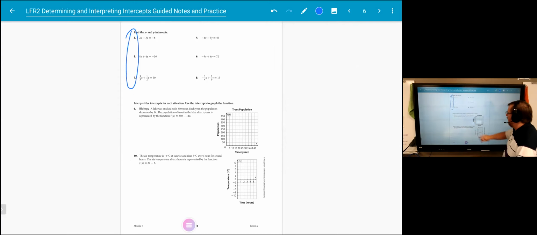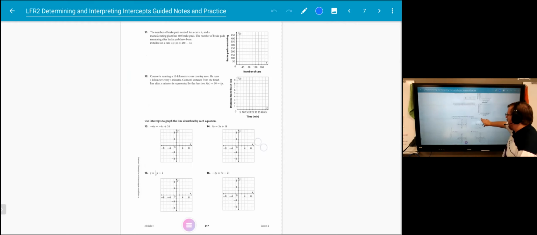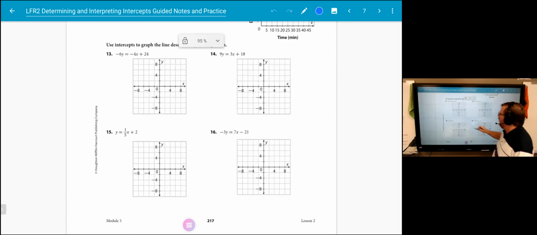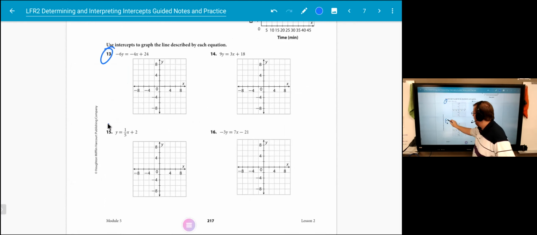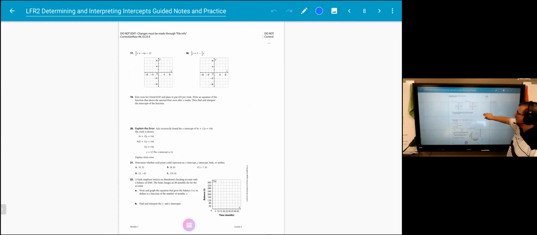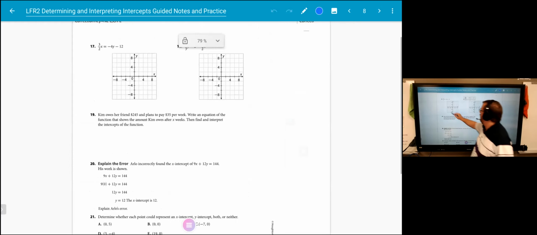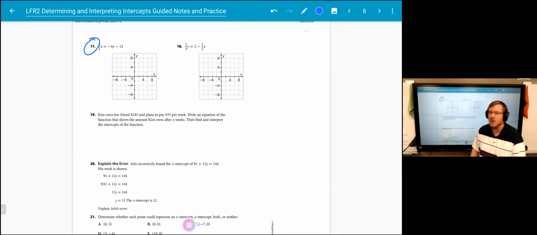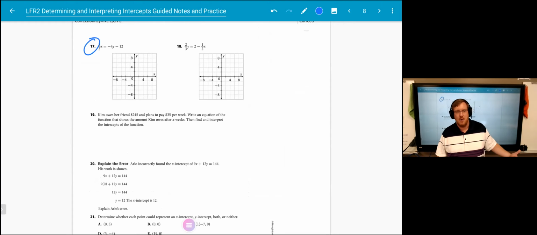We'll do the interpreting in the next part, but you'll eventually do those. For graphing, I'd like you to do 13 and 15, and also 17.